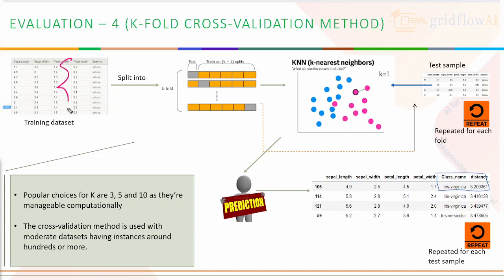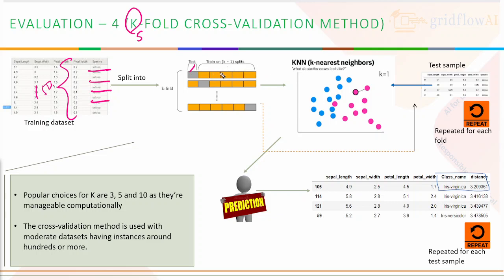So this is our data set of 150 samples, and k is the number of splits that you want to make. Let's say k is 5. So this 150 sample will be divided into 5 parts.